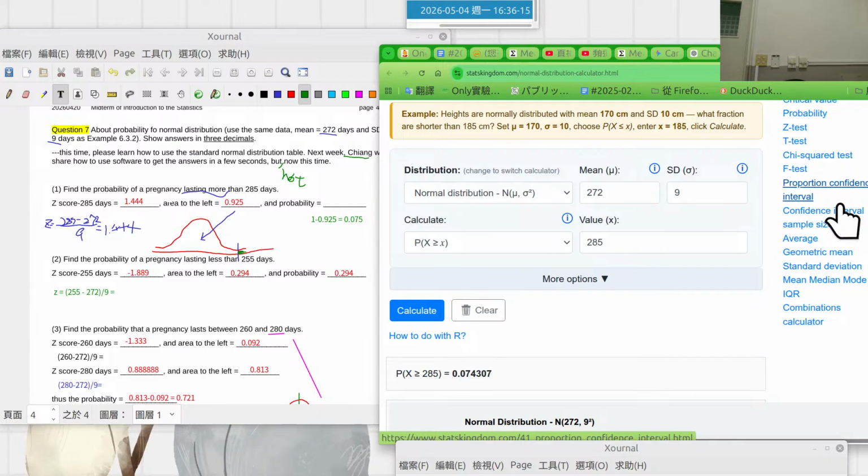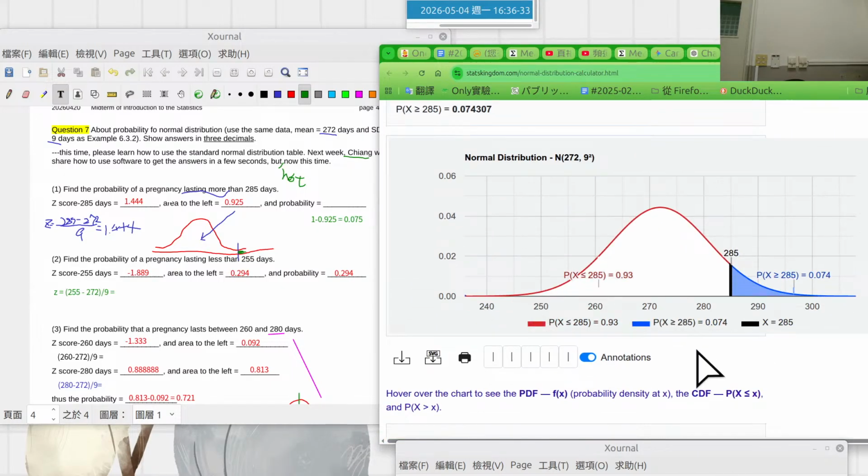Thus, this question wants the area greater than or equal to x. And where is the x? 285 days. Type it and click calculate. We got the area like this one. I highly encourage you to screenshot this and copy and paste it into your digital notes.